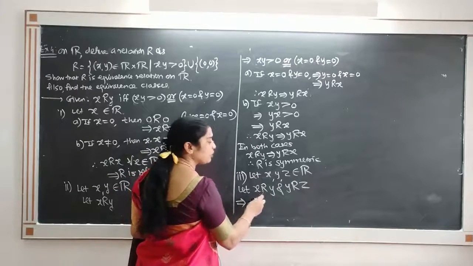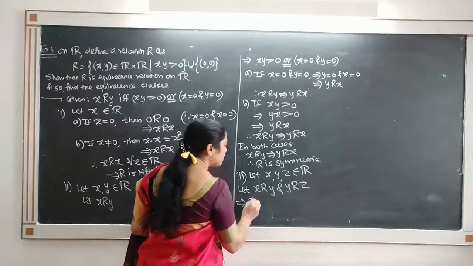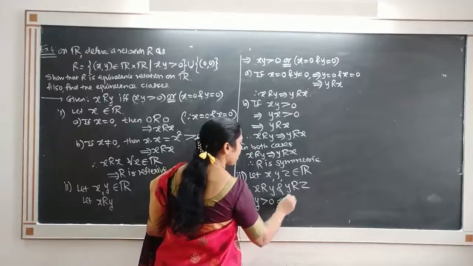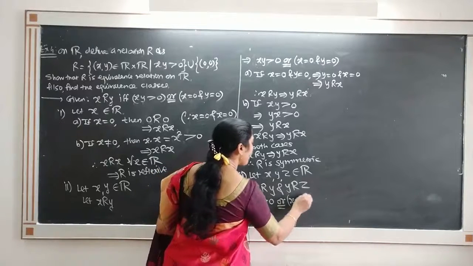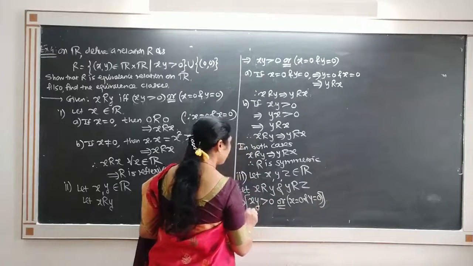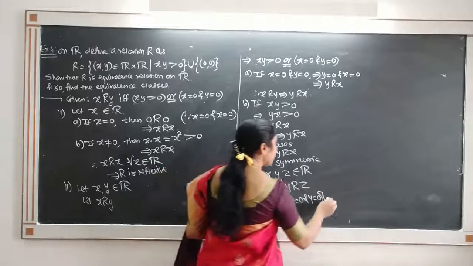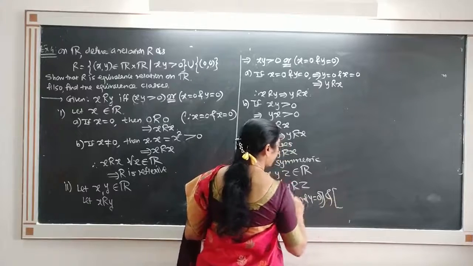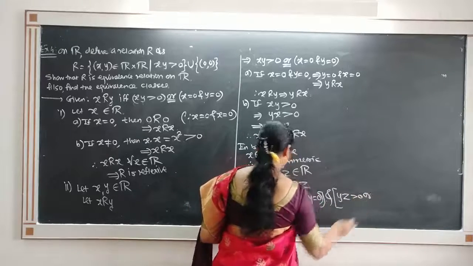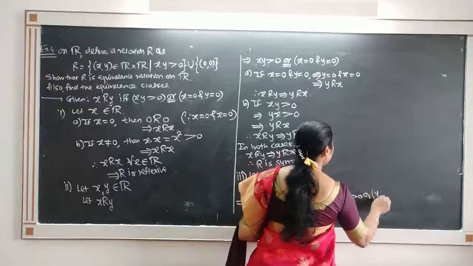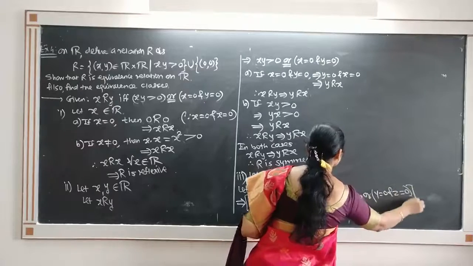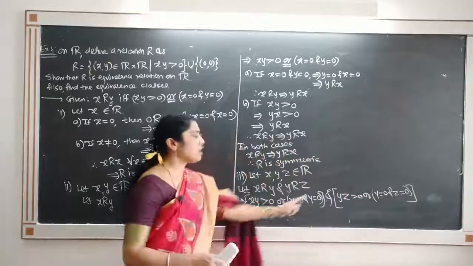What is your definition? x is related to y means either xy is greater than 0 or x equal to 0 and y is equal to 0. This is the first one. Second, y is related to z implies that yz is greater than 0 or y is equal to 0 and z is equal to 0. So it is given that this happens.